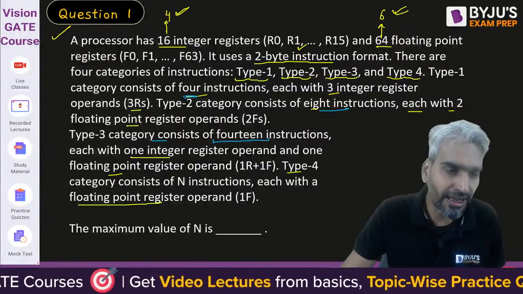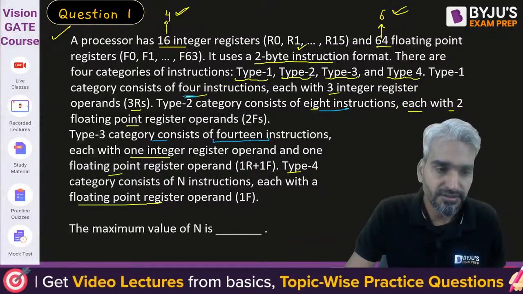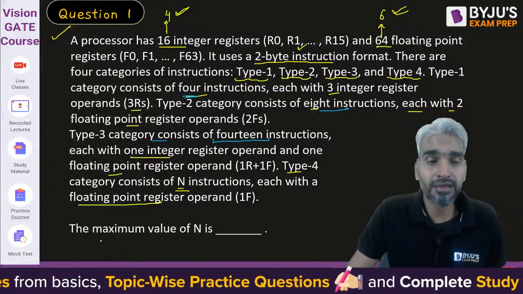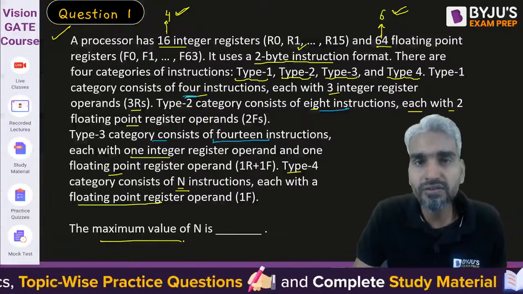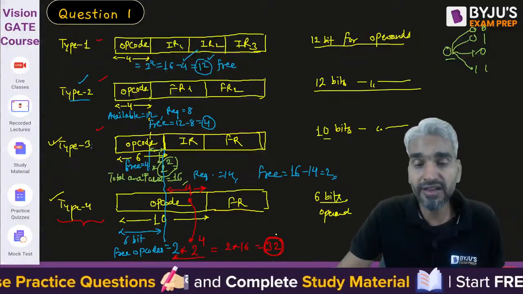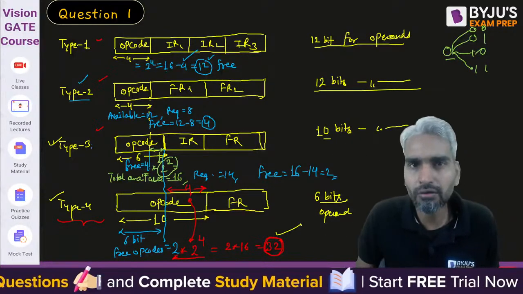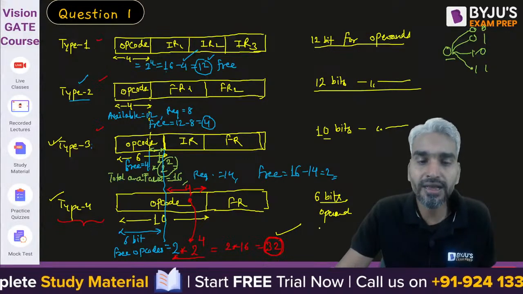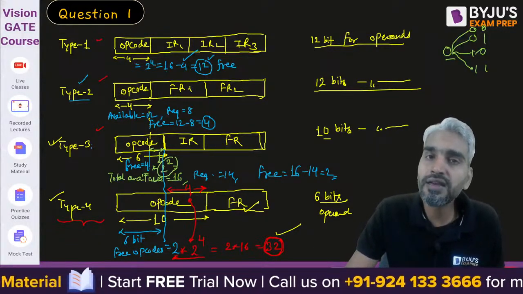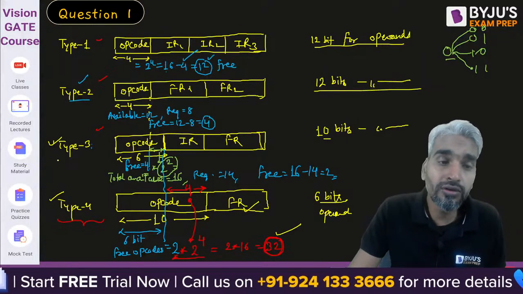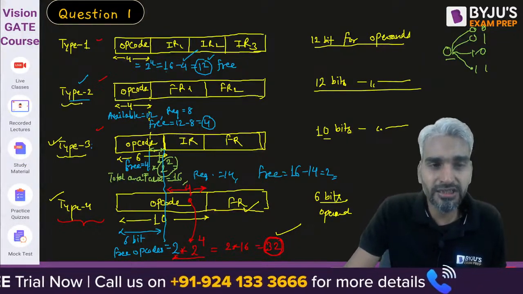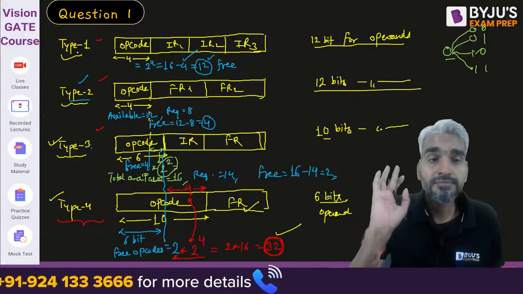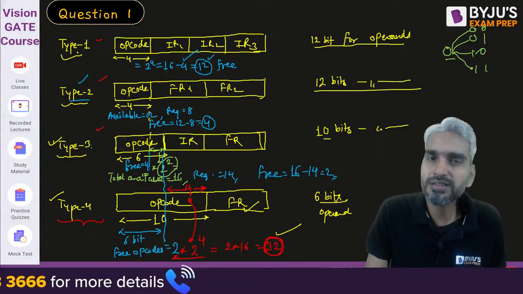That is what is being asked in this particular question: if type 4 instructions are n, then the maximum value of n can be 32, because you cannot have more than 32 instructions of type 4. If you try to do so, then either you will not be able to specify the floating point register, or you will breach the boundary of type 1, type 2 or type 3 instructions. Clear? So that's the very first question based on instruction format.